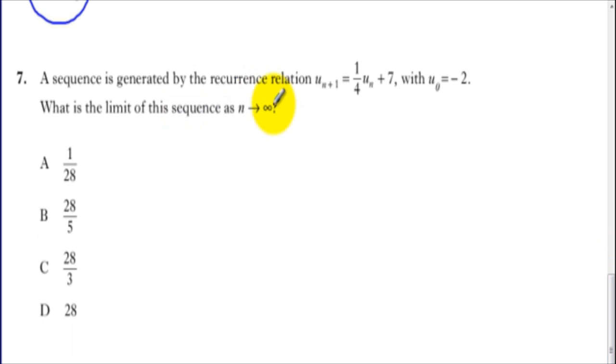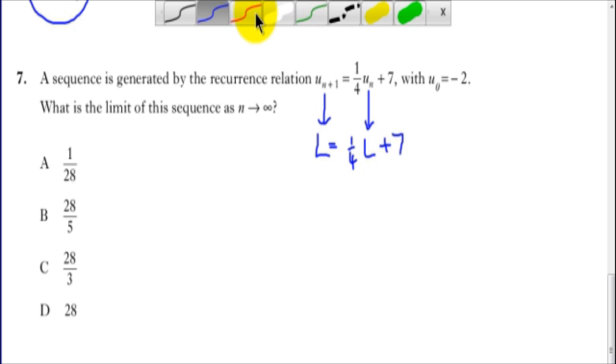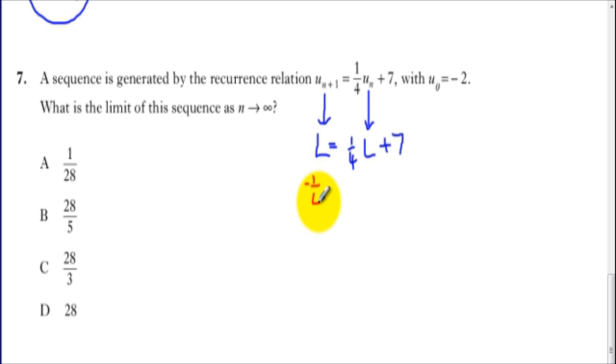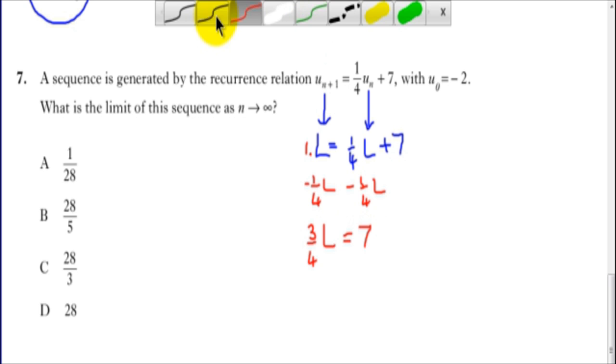To find the limit of a recurrence relation, if we let the u(n+1) equal L, and also let the u(n) equal L, then L will be equal to 1/4 L plus 7. If we minus 1/4 L from each side of this, that's the equation: 1L minus 1/4 L is 3/4 L. The 1/4 L cancels with minus 1/4 L, and we're just left with 7 on the right hand side.